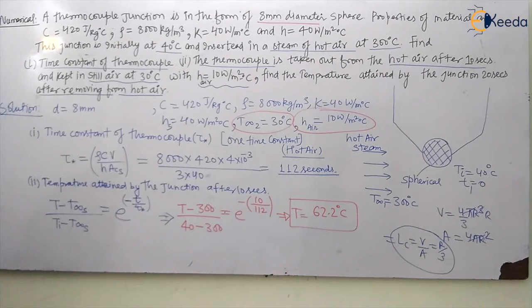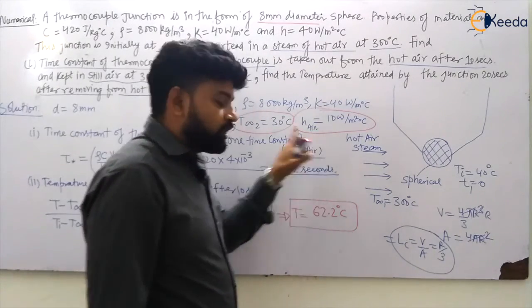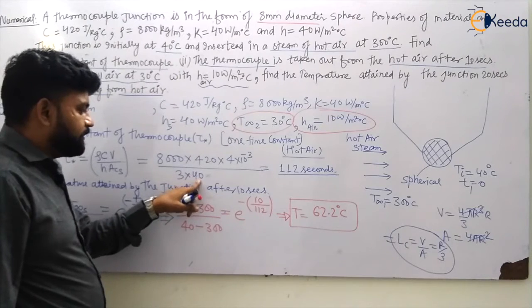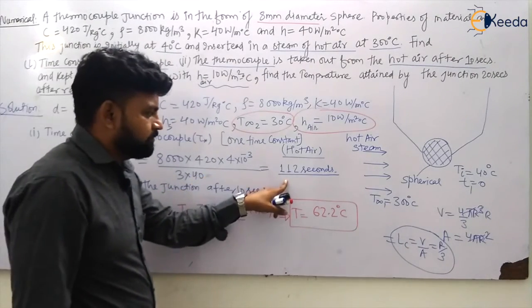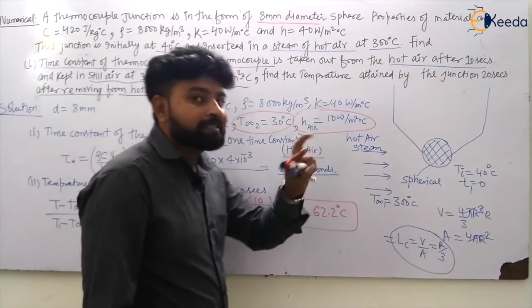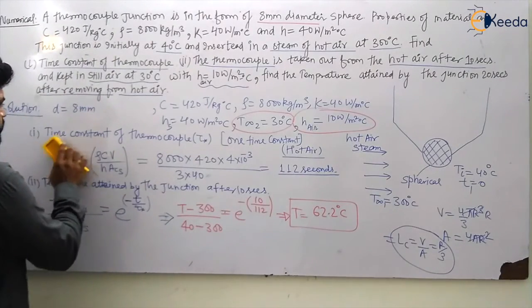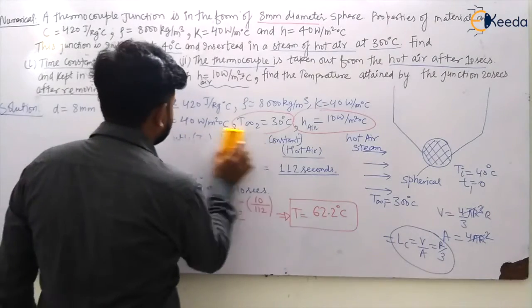Let us calculate the time constant for the second case, because that h is changing, my dear students. If I replace that h with 10, I will have another time constant for the second case. Let us see the time constant for the thermocouple in the second case.